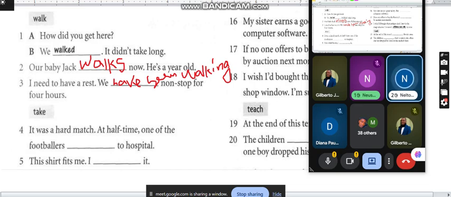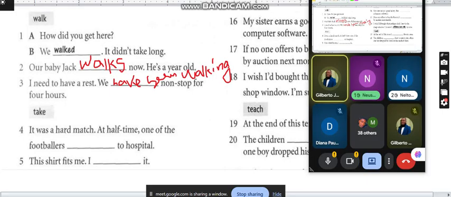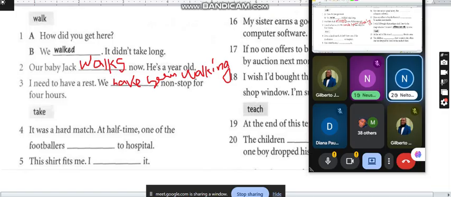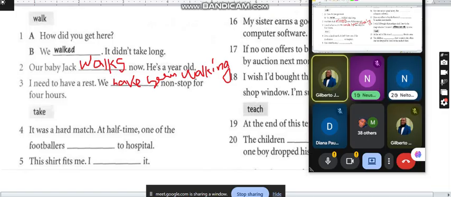If the match was hard, maybe he got injured and he couldn't take himself to the hospital and he had to get taken by someone. Okay, so in this case, for you, it should be the past continuous tense, right? No, past simple passive. What was taken? Was taken to hospital. It was a hard match.